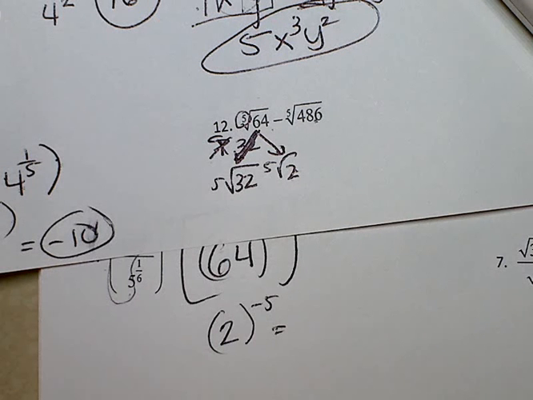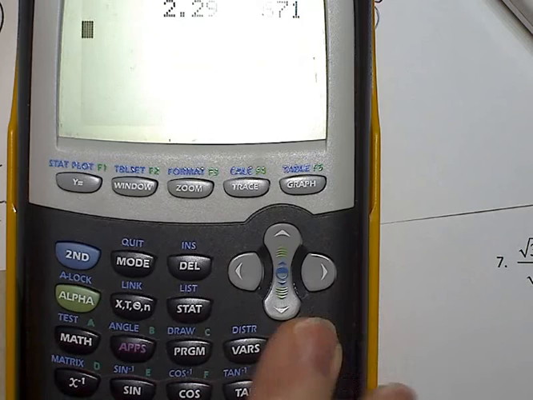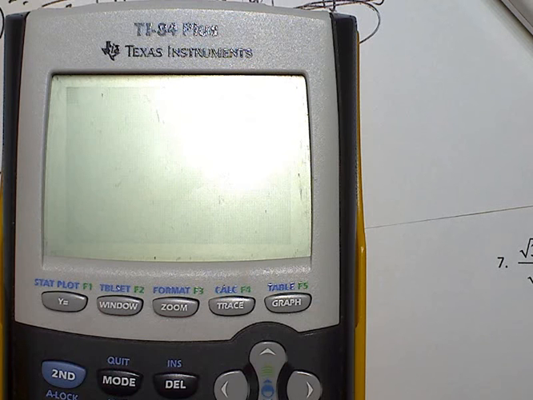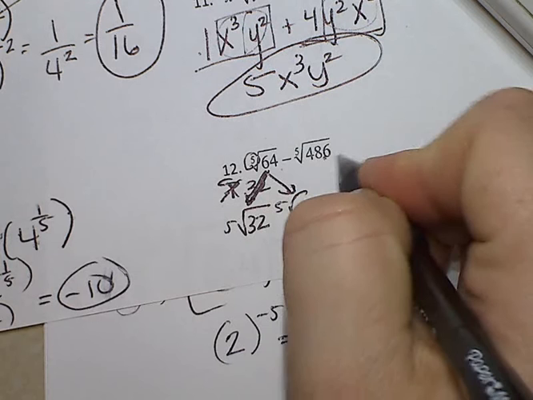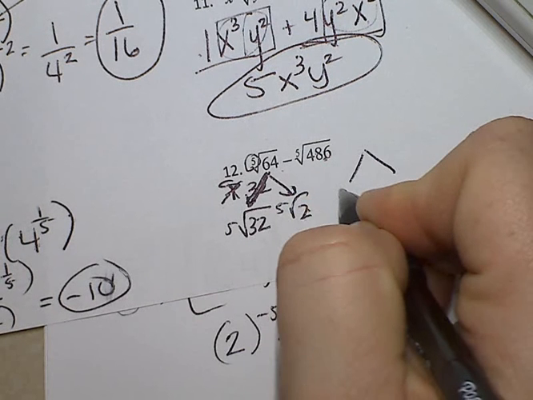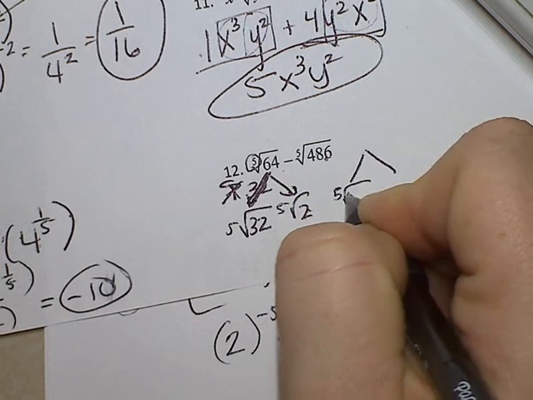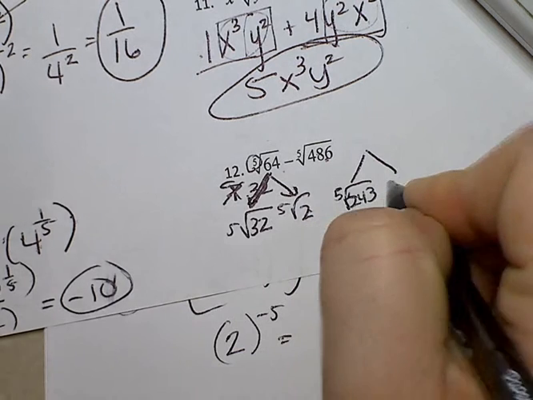So let's divide 486 by 2. And 486 divided by 2 is 243. So I'm going to break this one apart into the 5th root of 243 times the 5th root of 2.